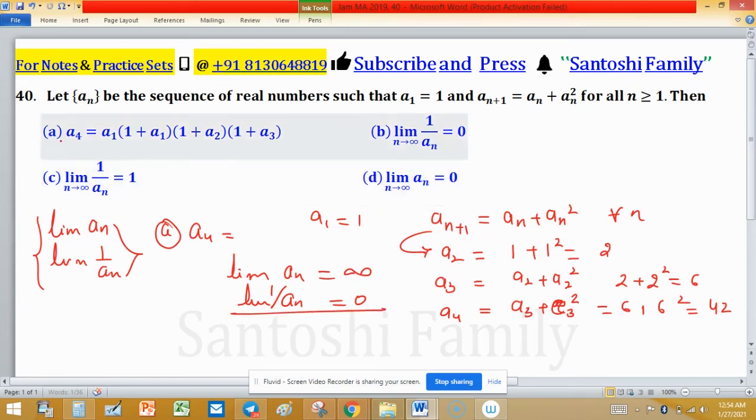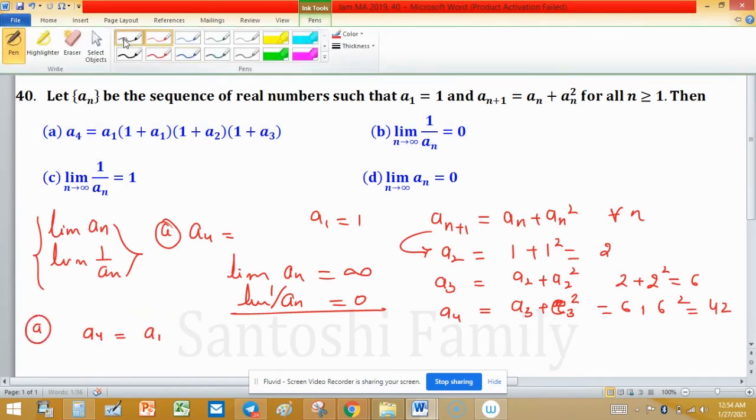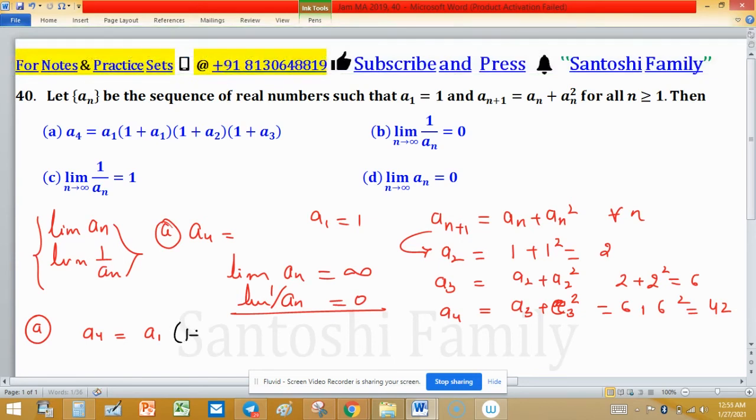Now come to option A. As a4 equals a1 times (1 plus a1) times (1 plus a2) times (1 plus a3) for option A. Now a4 is giving 42, so the left hand side is 42. Now check whether the right hand side is giving 42 or not.